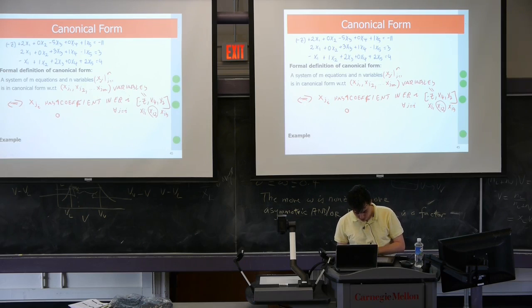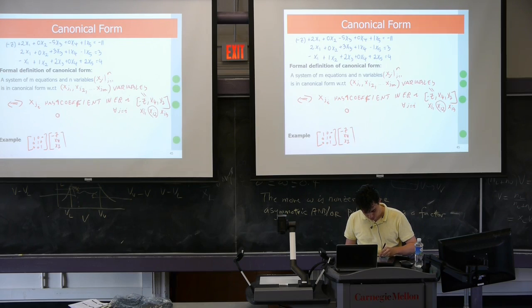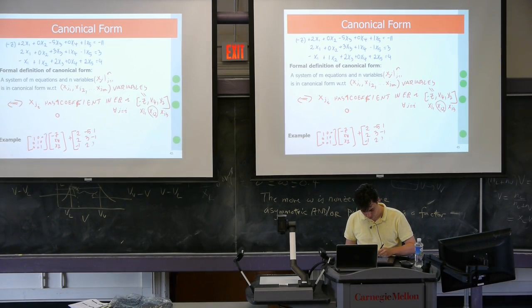And let's have an example. So I can just rewrite this equation this way: identity matrix times these basic variables, minus z, x4, x2, plus the non-basics.